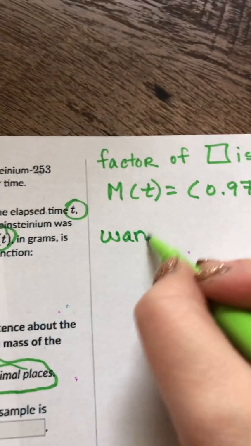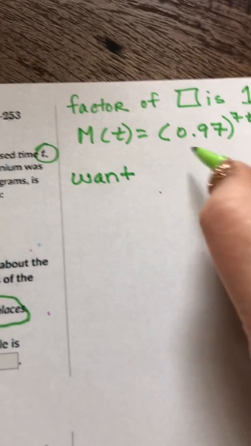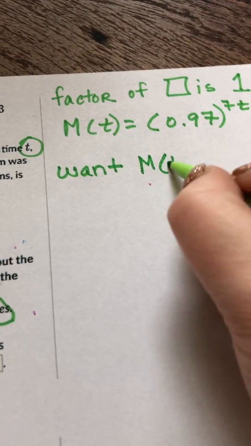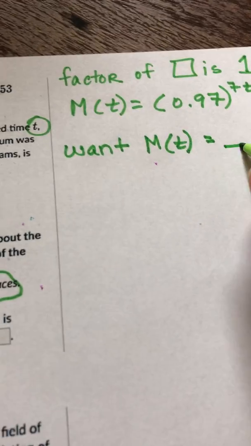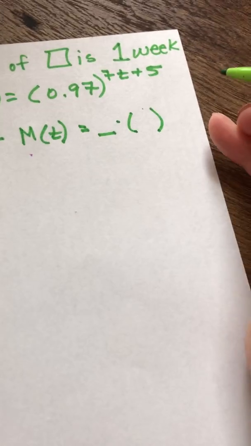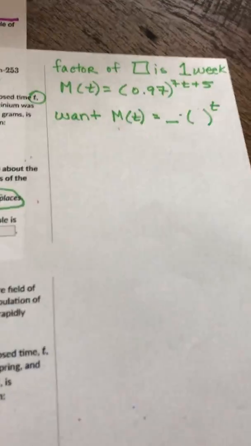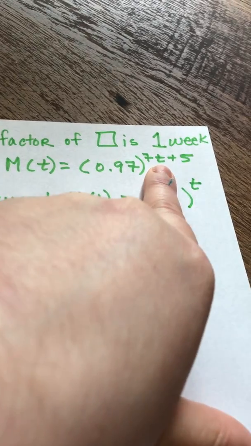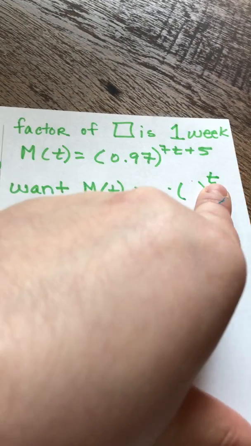We want something that looks like still m of t equals something times something, and instead of to the x, we want it to the t. Somehow we have to make this equation have just a naked t in the air.